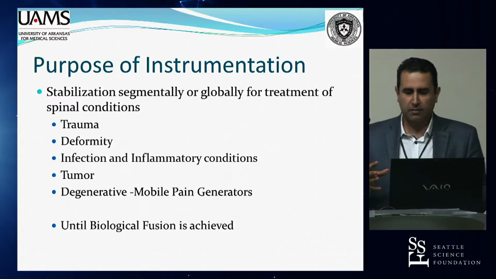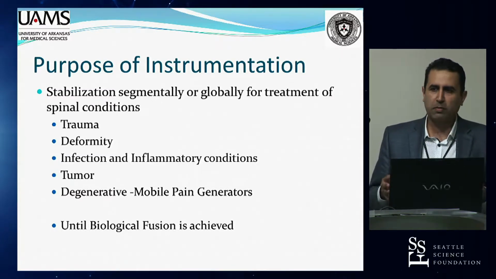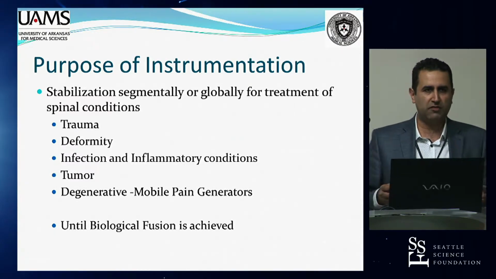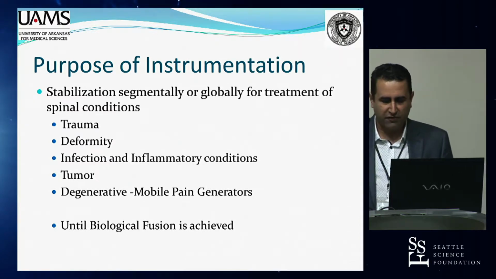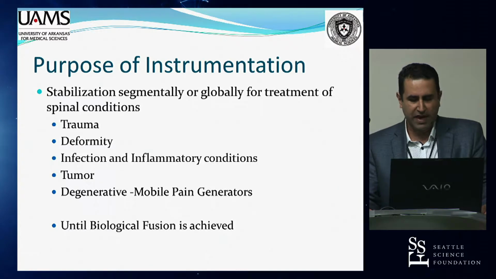And the principle is very simple. It is there, for the most part, to act as scaffold until biological fusion is achieved. And when biological fusion is achieved, often the instrumentation itself acts purely as a scaffold. In many cases, it is redundant. In the pediatric population, it can be removed.